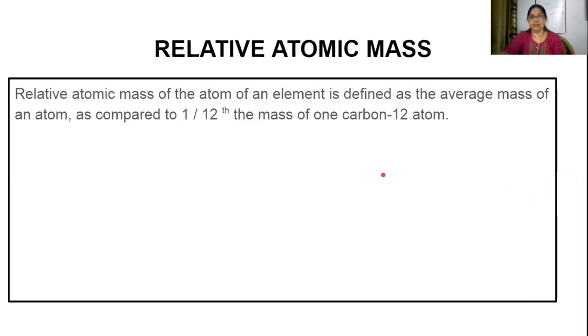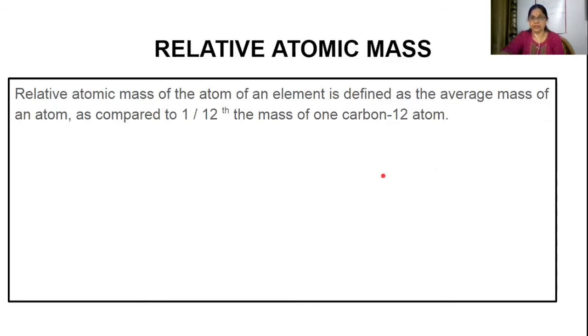Relative atomic mass. Relative atomic mass of the atom of an element is defined as the average mass of an atom as compared to 1/12th the mass of one carbon-12 atom. Now there are two terms, one is relative atomic mass and the other one is absolute atomic mass. Absolute atomic mass is extremely small.